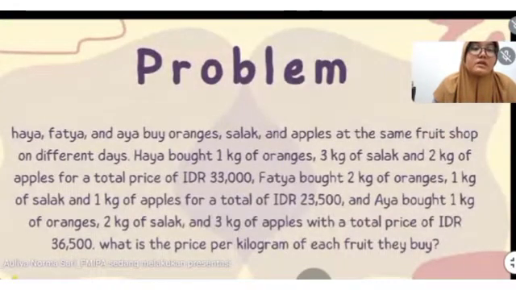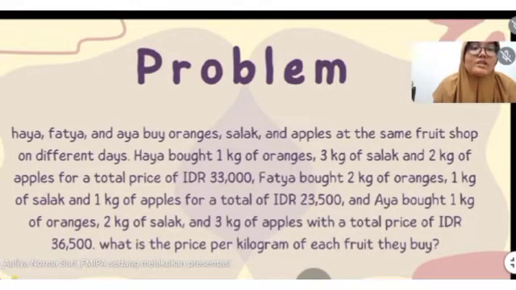We have a problem that we can use matrices to solve. Fatia and Haya buy orange, salad, and apples at the same fruit shop on different days. Haya bought 1 kilogram of orange, 3 kilograms of salad, and 2 kilograms of apples for a total price of 33,000 rupiah.